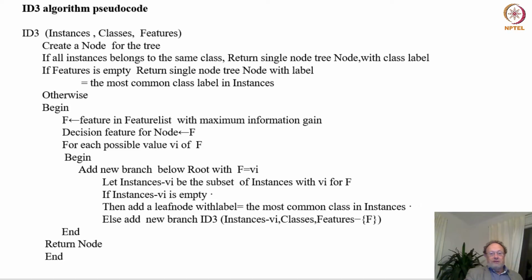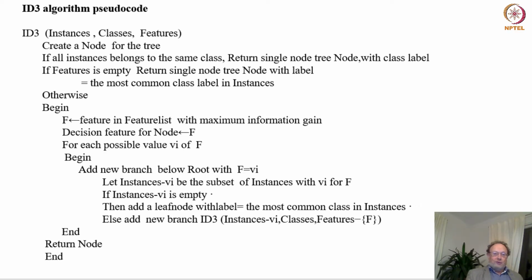If the feature set is empty, there are no more features to choose from in order to split the tree, then you also have to stop the algorithm, and what you return is this single node with a label that is the most common class label in the set of instances that you have.